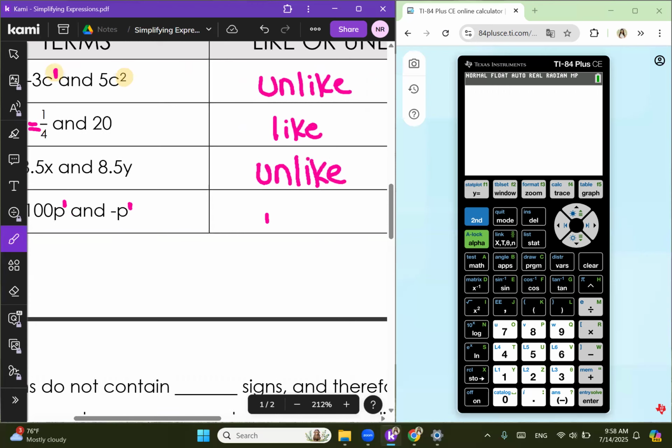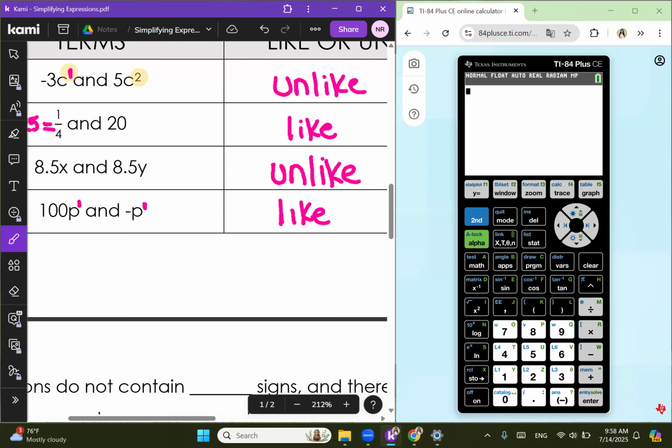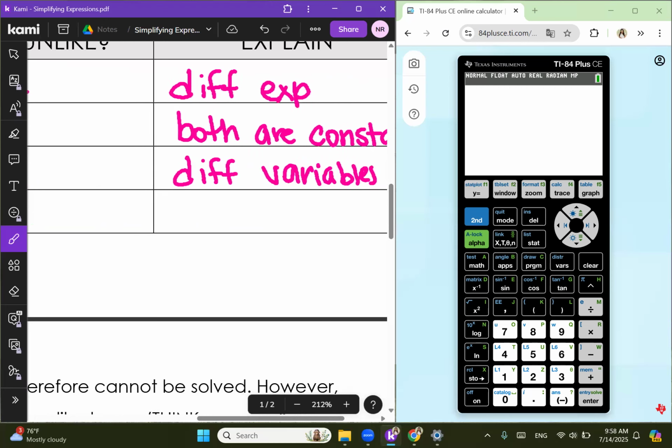So yes, these are like terms. This would be the same as adding or subtracting 100p and negative 1p, because this term does not have a number. Remember, it is understood to have a 1 there. But because of that negative, it's a negative 1, okay? But they are like terms. They have the same variable.